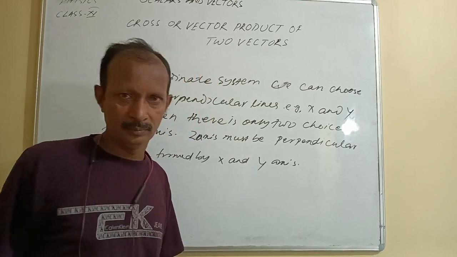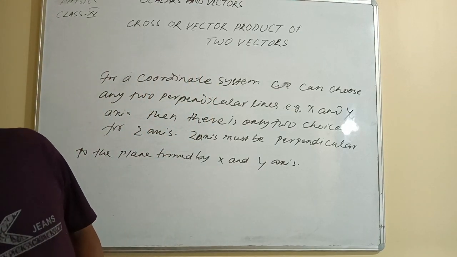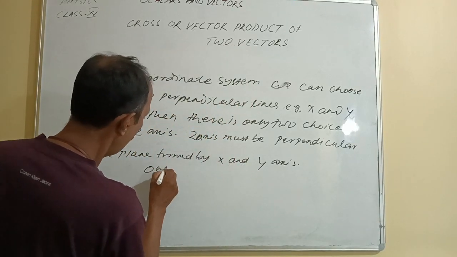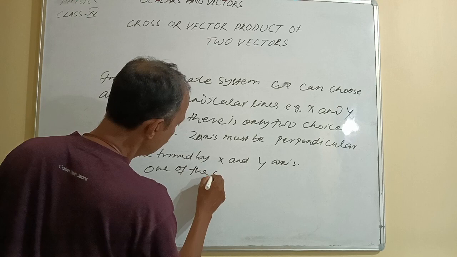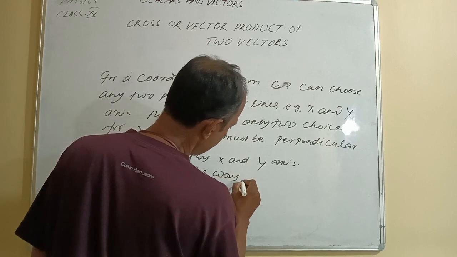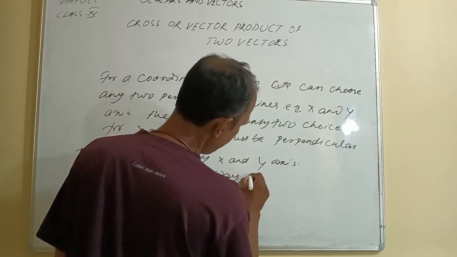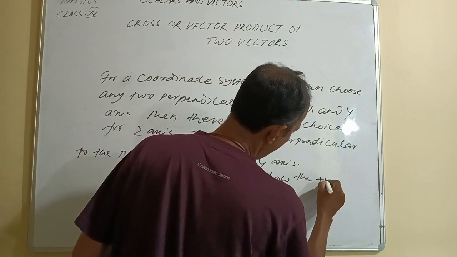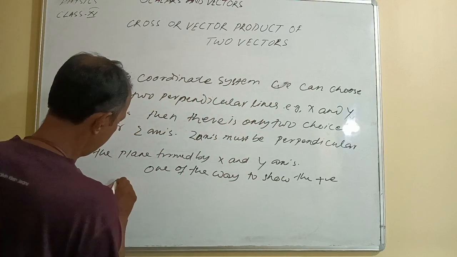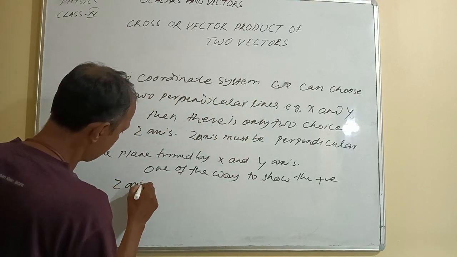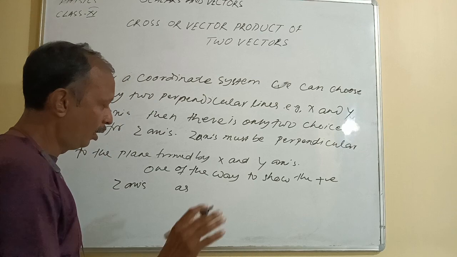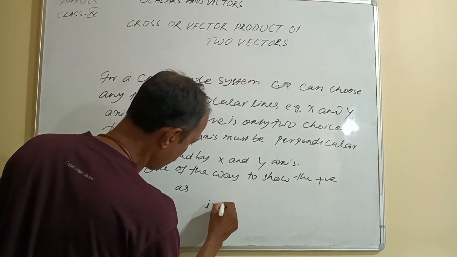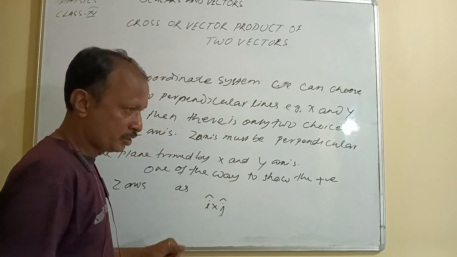One of the ways we choose is to show the positive z axis as I cap cross j cap.